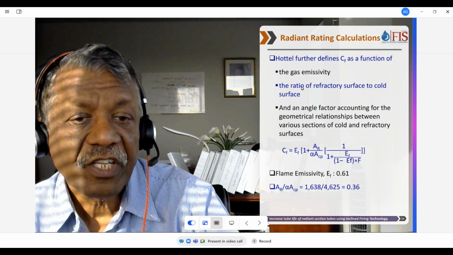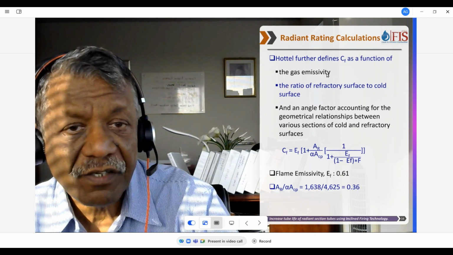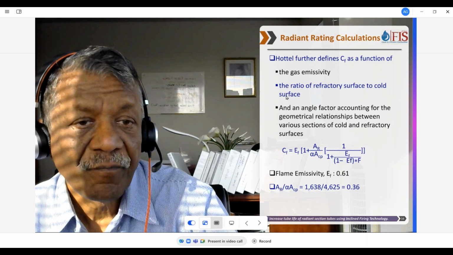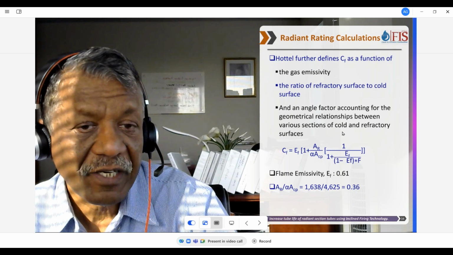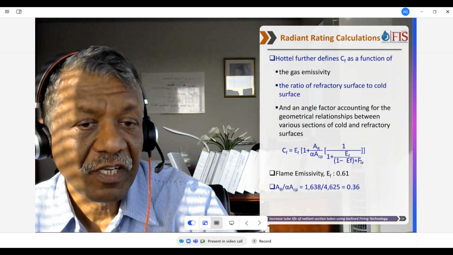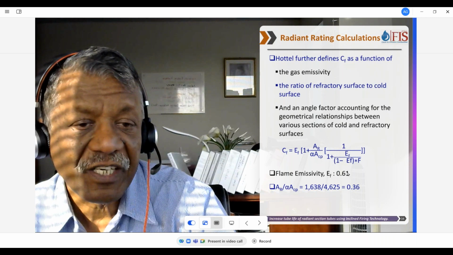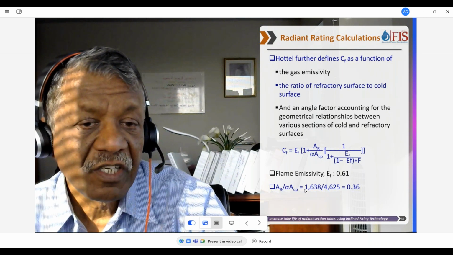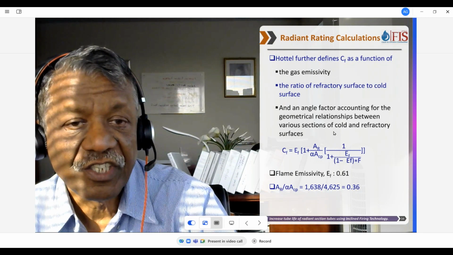So this basically gives you, as a function of gas emissivity, the ratio of refractory surface to cold surface, and an angle factor, which is defined by a somewhat complicated formula, but is given in graphical fashion. So if you have the flame emissivity and you have AR upon alpha ACP, using these two numbers, you can calculate the overall exchange factor.